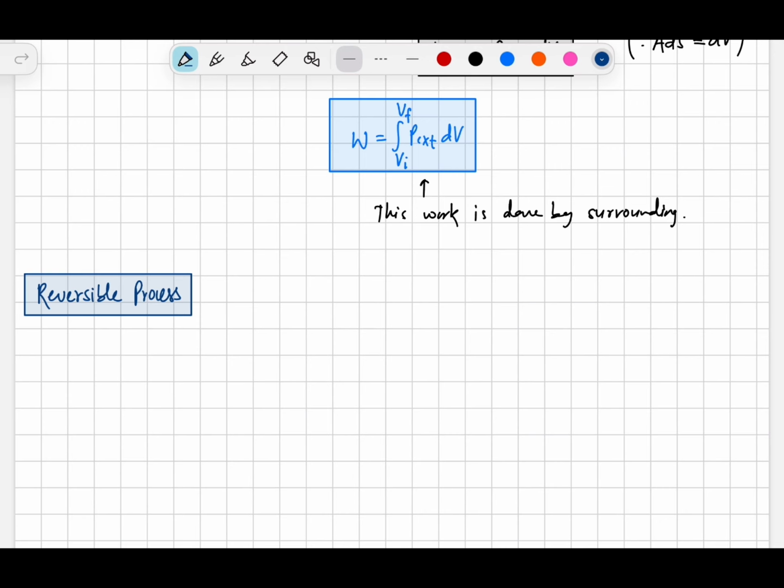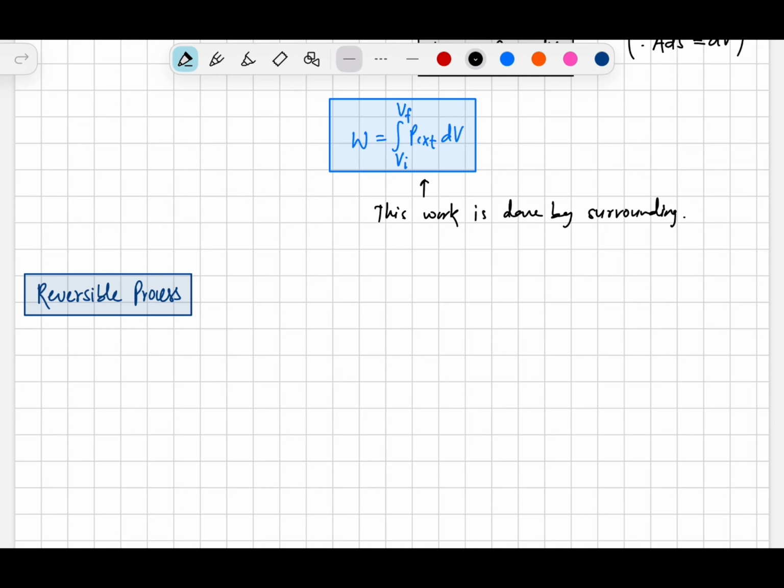Equilibrium with surrounding. So what was the definition of reversible process? In the reversible process, the system passes through equilibrium states, and that equilibrium is with respect to the surrounding, meaning whatever the temperature of the system is, the same temperature of the surrounding is also there. Whatever the pressure of the system is, that will be the pressure of the surrounding. So that is the meaning of equilibrium.